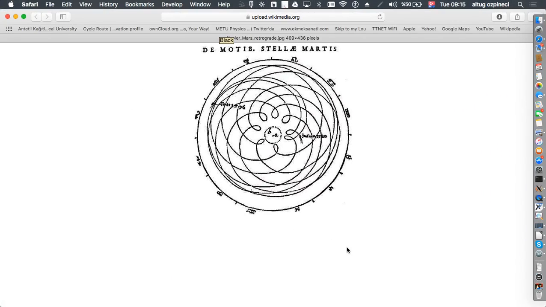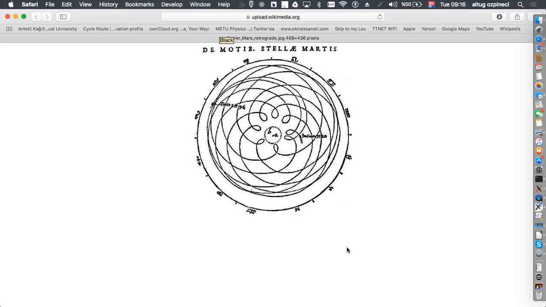What Kepler knew, for example, is one of the trajectories of one of the planets. This is Mars. People could measure the distances of the planets and at which orientation they are, so they could determine the trajectories of planets.